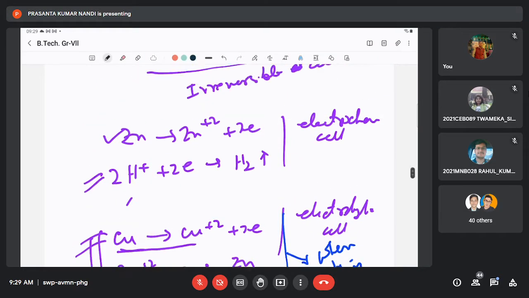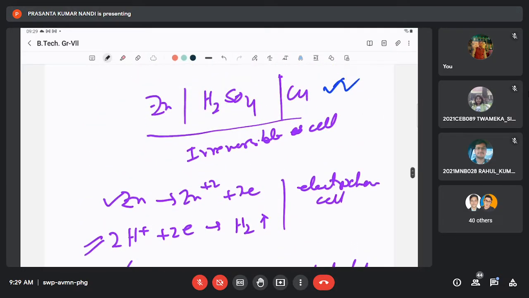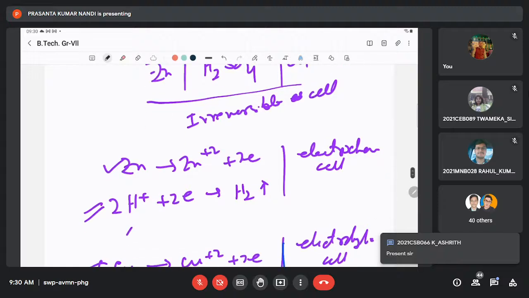So the zinc electrode will be restored, but the copper electrode will not be restored, because initially when it was taken as an electrochemical cell, hydrogen evolves, right? So the concentration of hydrogen ions in the solution will decrease. Due to the excess sulfate ions, copper metal ionizes to Cu2+ to neutralize the solution.